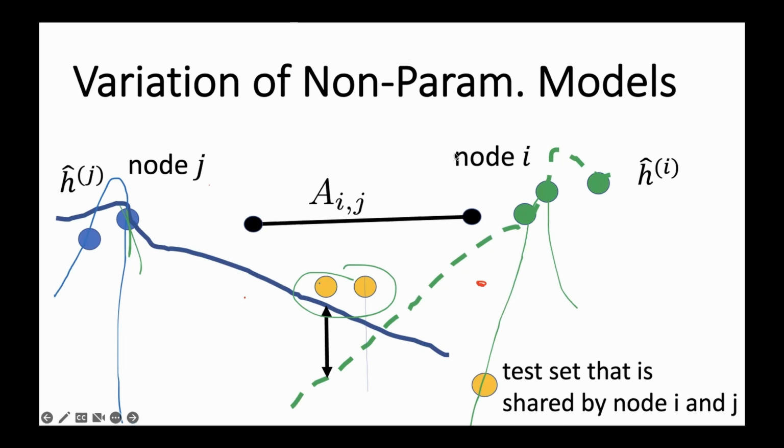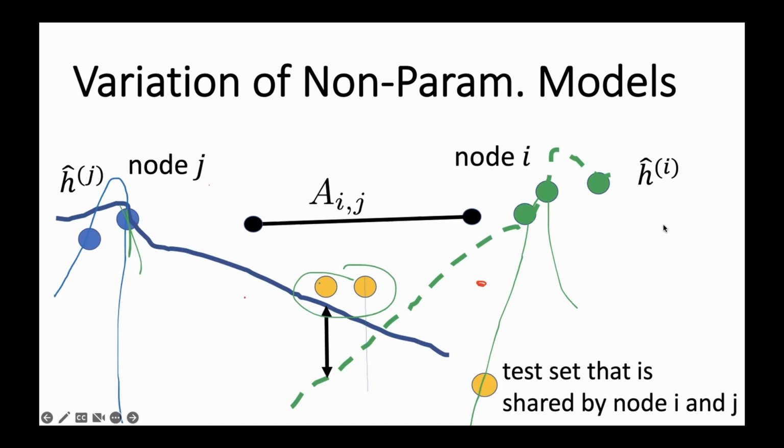Any other comments or questions? Another question: can we use data from the connected local data set, but give them smaller weights?